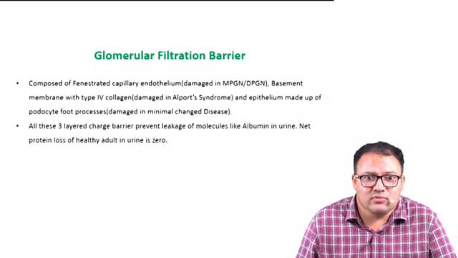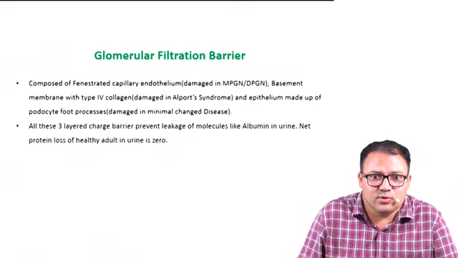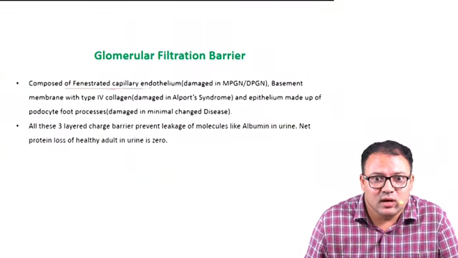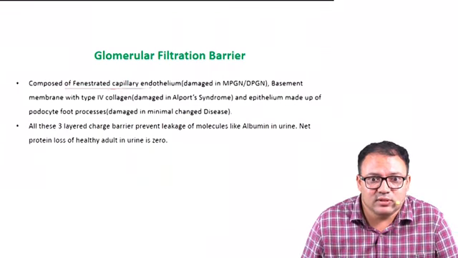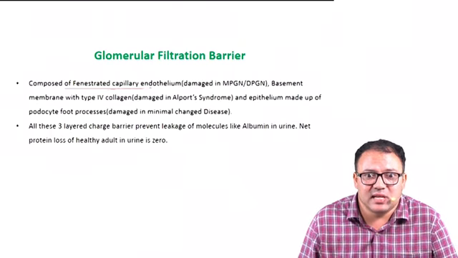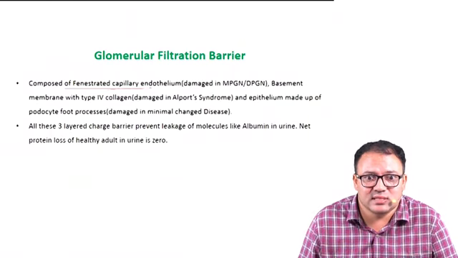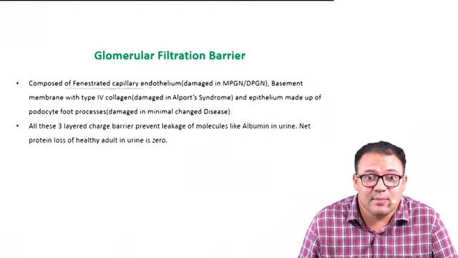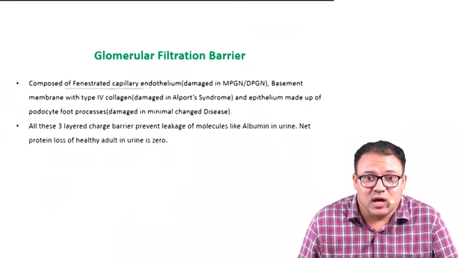So the glomerular filtration barrier is composed of fenestrated capillary endothelium, basement membrane with type IV collagen, and epithelium made up of podocyte foot processes. Suppose there is damage to the fenestrated capillary endothelium, the disease is membranoproliferative glomerulonephritis or diffuse proliferative glomerulonephritis.